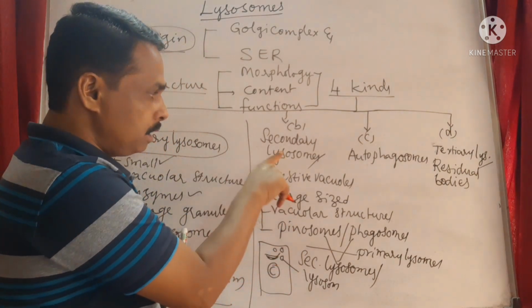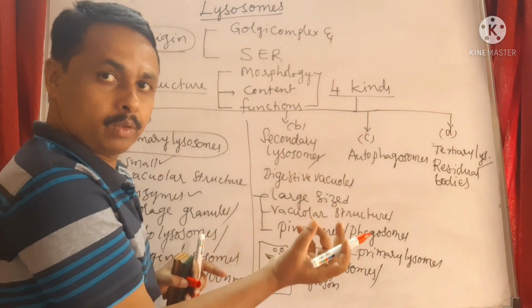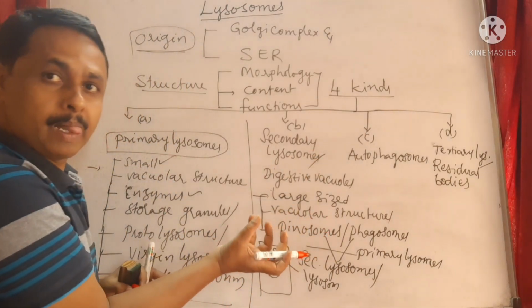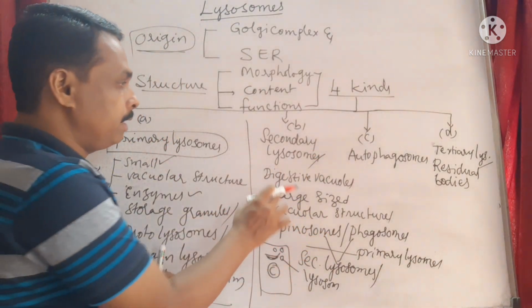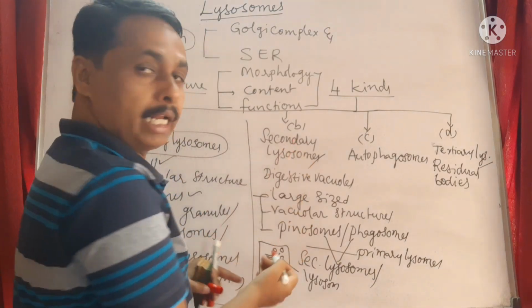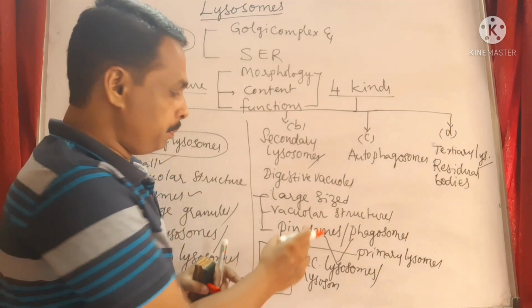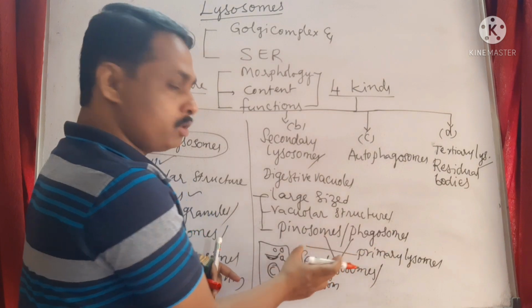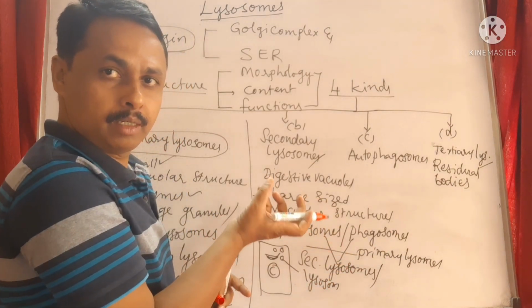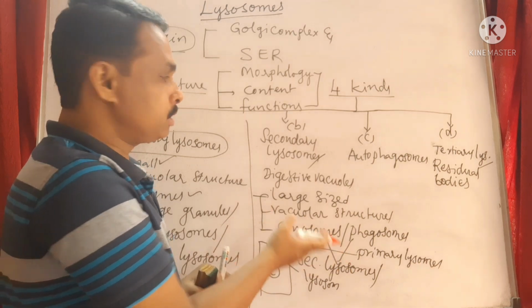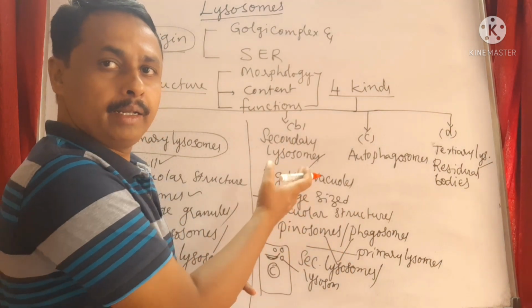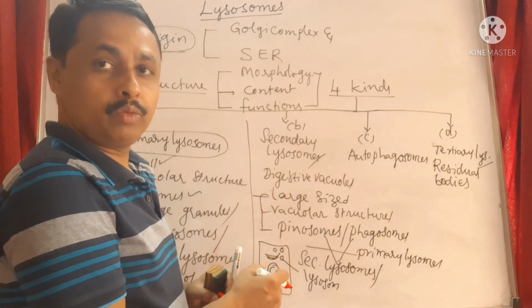When the pinosomes or phagosomes are fused with the primary lysosomes, then secondary lysosomes, or digestive vacuoles, are formed.